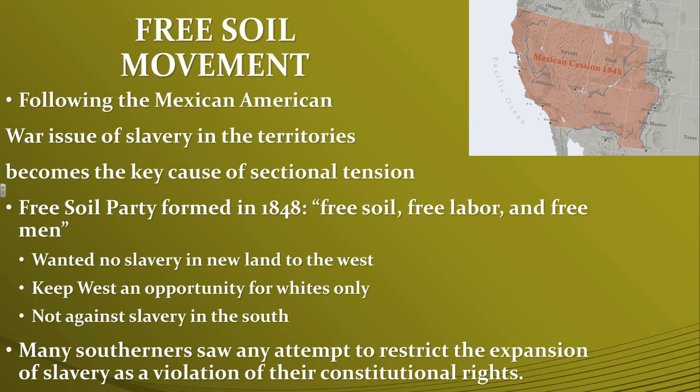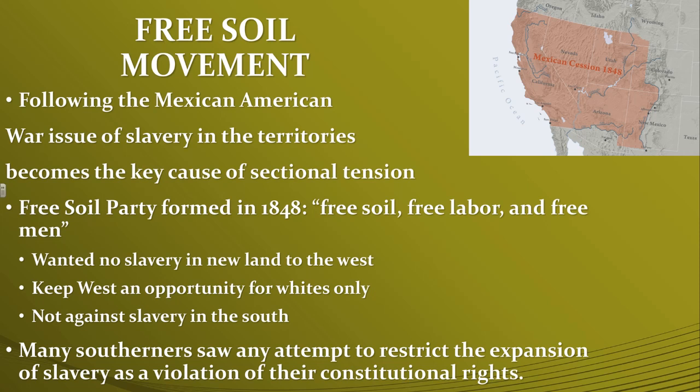The Free Soilers are a new political party. What the Free Soilers believe in is they say that this Mexican cession land should be free soil, free labor, and free men. They're not abolitionists, but they don't support the expansion of slavery. So definitely know who the Free Soilers are. They're a very important political party.